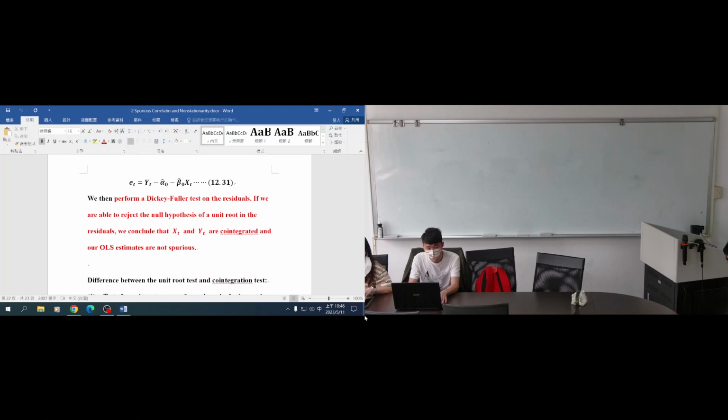So run a regression of YT as the Y, and PC, PB, and YD as the X, and check the residual using the unit root test. If the residual passed the unit root test, then this is not a spurious result.